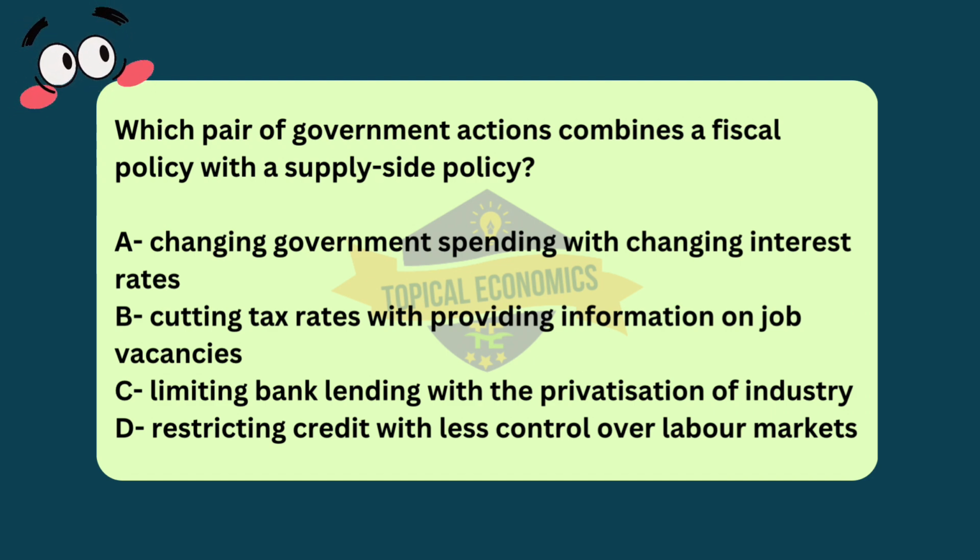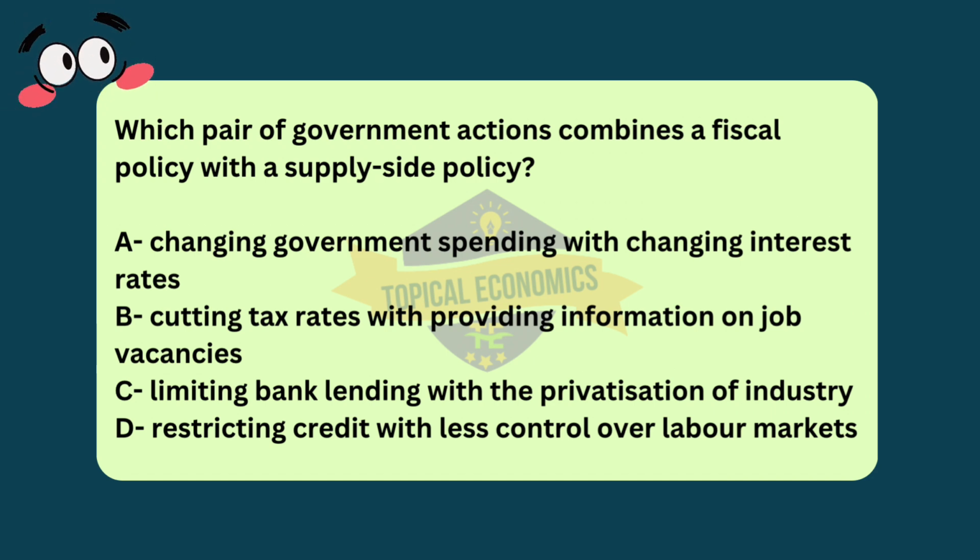Analyzing the other options. Option A, changing government spending is fiscal policy, but changing interest rates is a tool of monetary policy, not supply-side policy. So, this option does not combine fiscal and supply-side policies. Next, option C, limiting bank lending is typically a monetary policy tool, used to control credit and inflation, and privatization of industry is a supply-side measure.